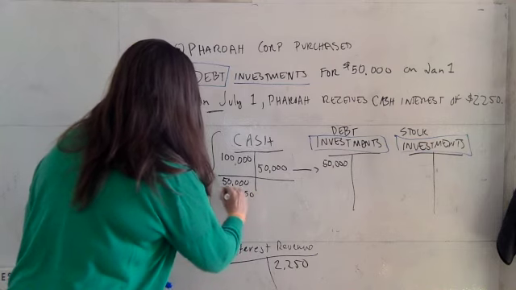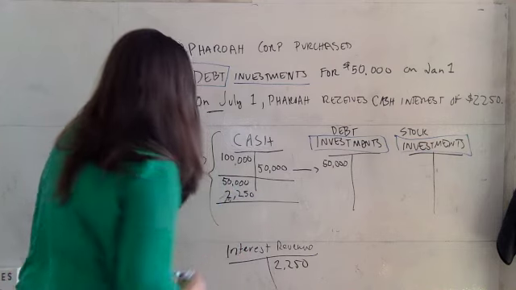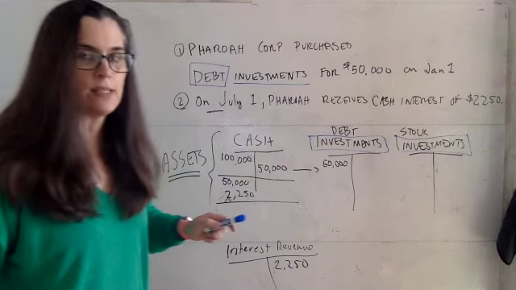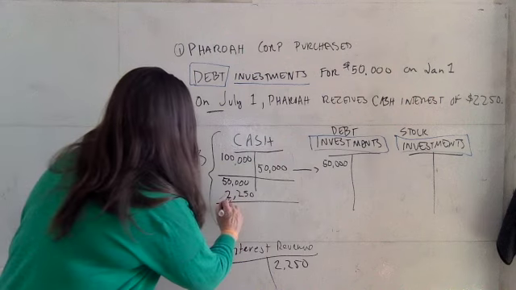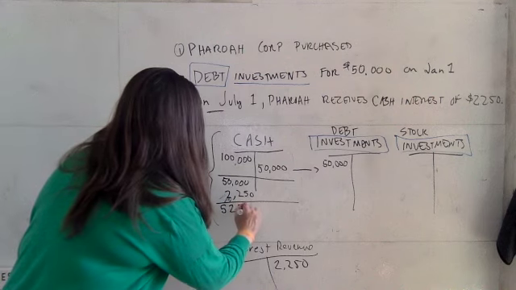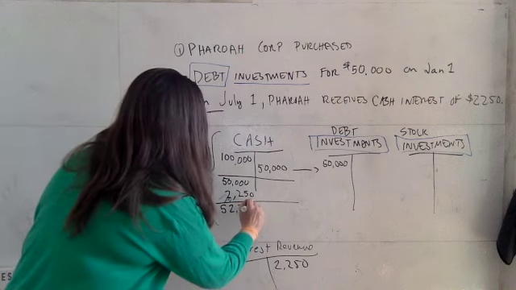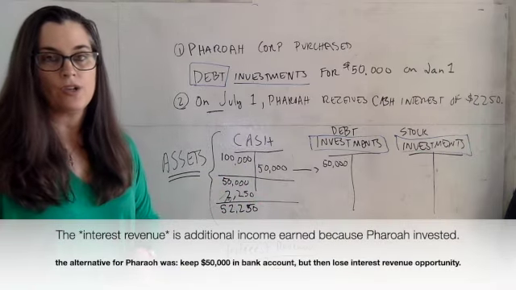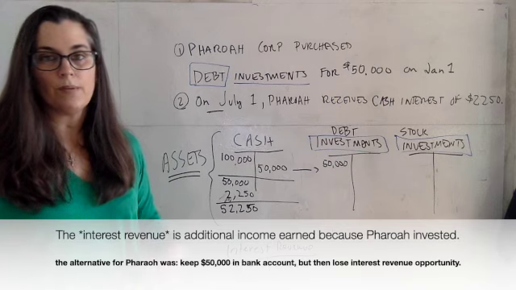So this second part of the problem gets at the fact that because they took their $50,000 cash and put it into an investment, they now are going to increase their cash reserve by $2,250, more than what it would have been if they had simply held on to this cash in perpetuity.